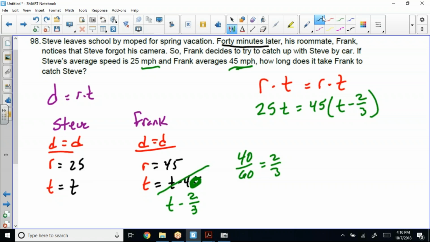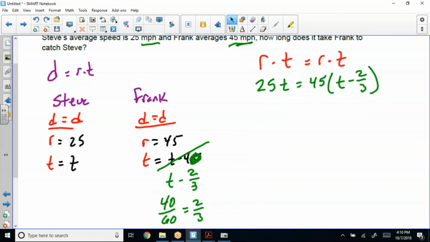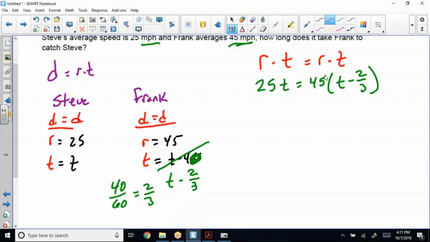Okay. And then we'll go from there. I'm going to take this and move this down to there, right? Okay. Now we can work this. So we'll distribute. So that's 25T equals 45T minus, well, my calculator, times negative 2/3.